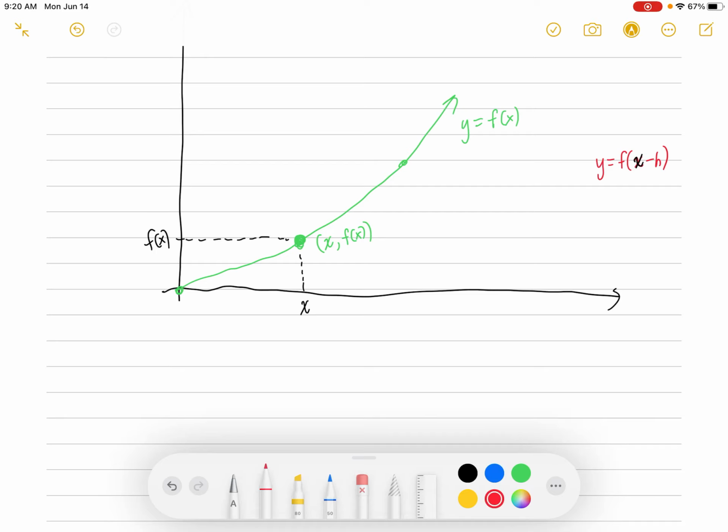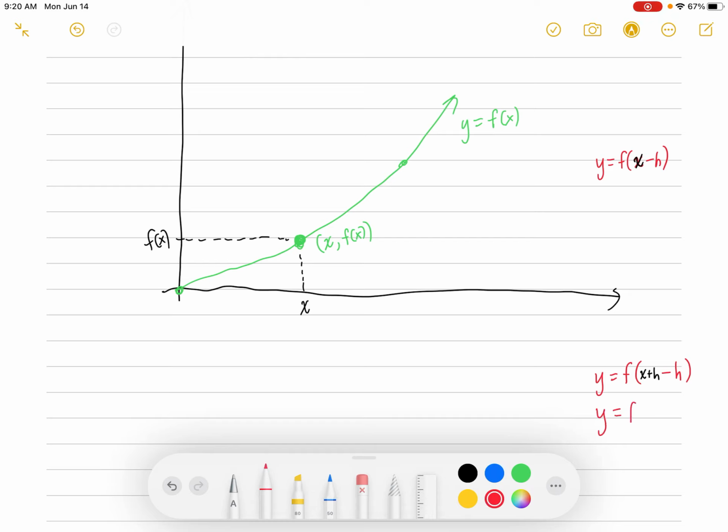So let's take my red function, and the minus h is going to stay. Now the x can be anything it wants. So what I'm going to do, I'm going to plug in place of the x right here, in place of that x, I'm going to put x plus h as an input. So I'm replacing the x with an x plus h. Okay?